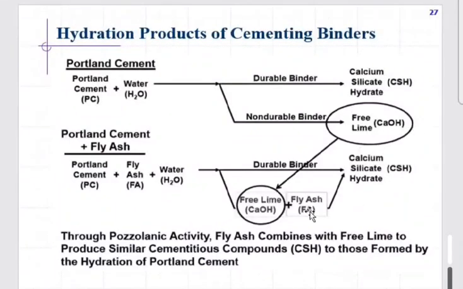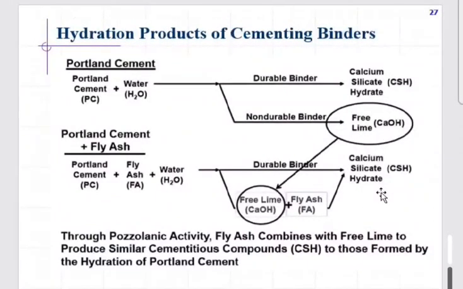So through pozzolanic activity, fly ash combines with the free lime and makes calcium silicate hydrate, which makes it a durable binder. This calcium silicate hydrate is a durable binder, whereas free lime, which is calcium hydroxide, is a non-durable binder. So it must react with the fly ash, which is our supplementary cementitious material, and turn itself into a durable binder.